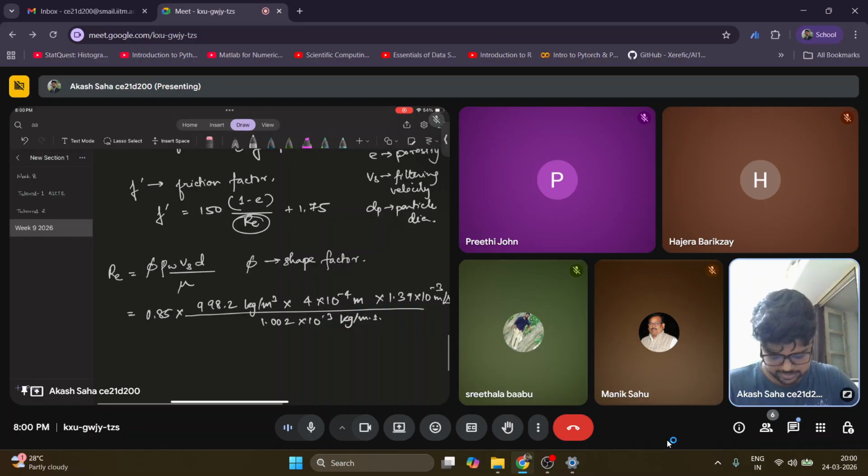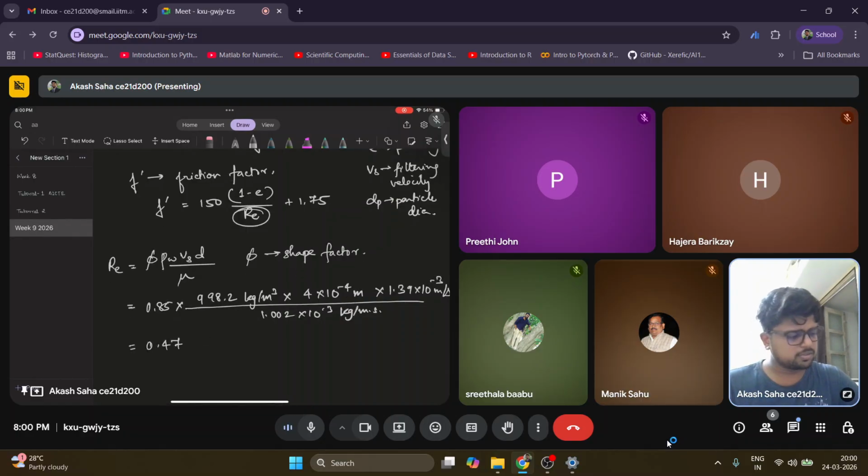If you solve this, you will get 0.47. This is less than 1, which means it is laminar flow condition.